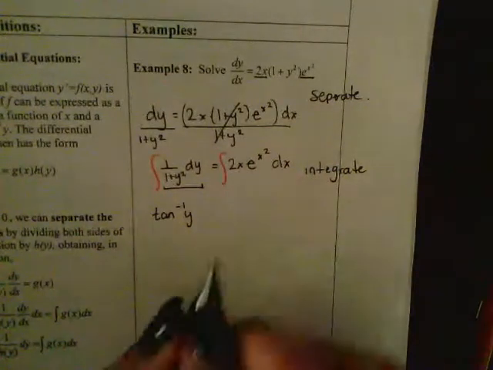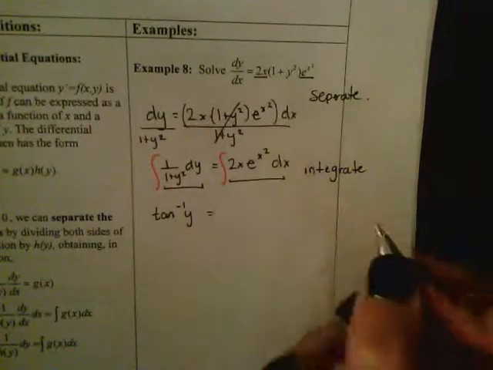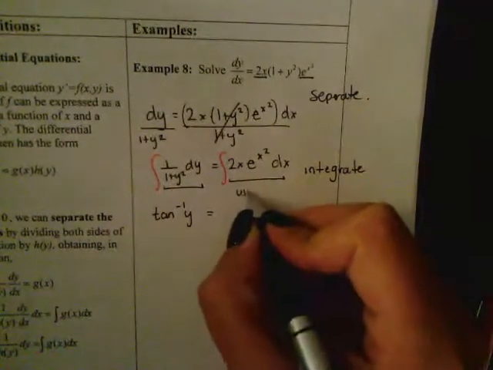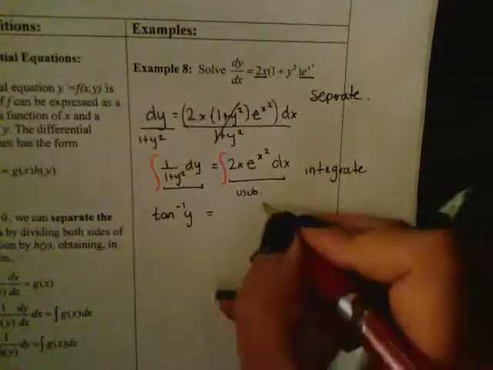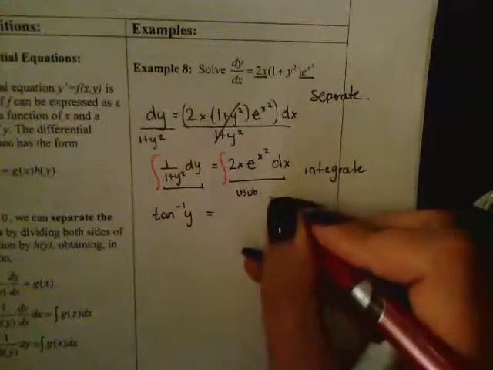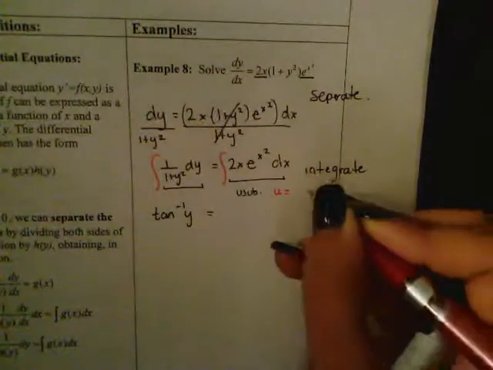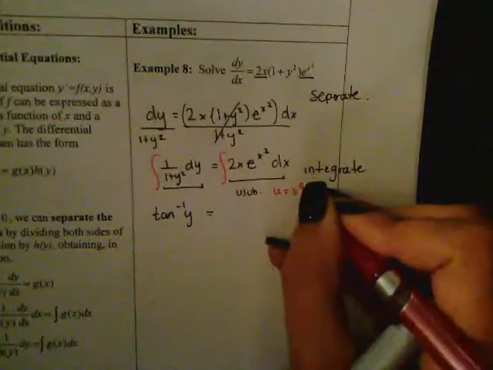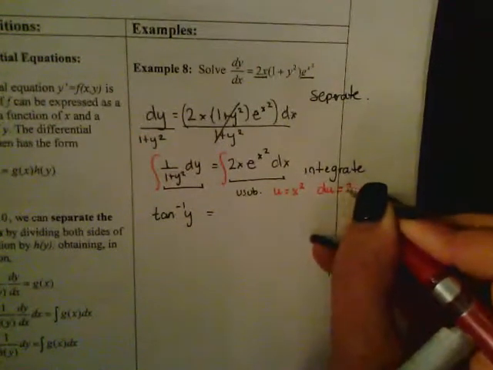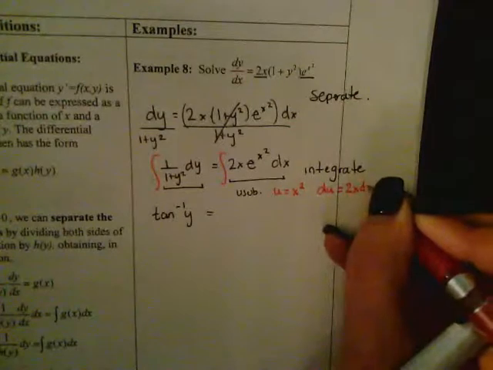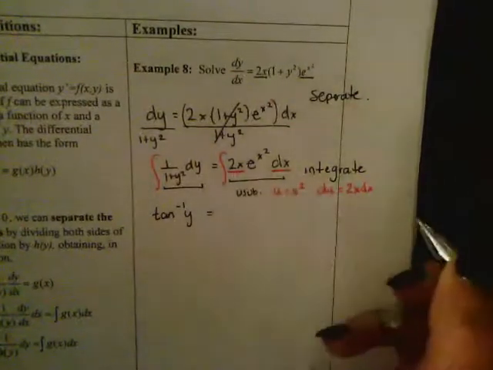And this equals, how do we find the integral of this? Here we're going to use u substitution. So what do you want u to equal? We're going to let u equal x squared, because then that way du can be 2x dx, which is kind of what I see right here, 2x dx.